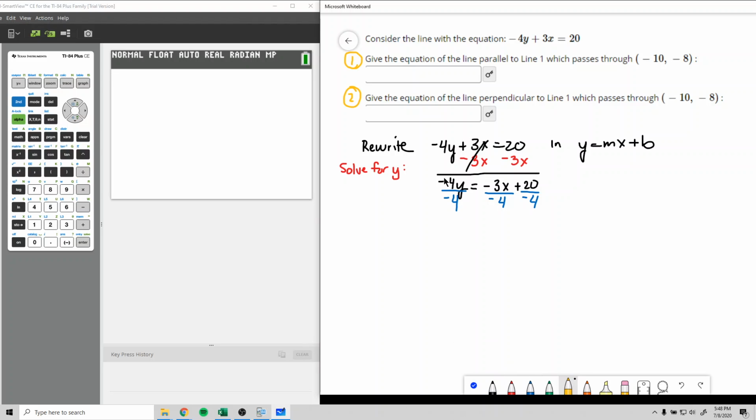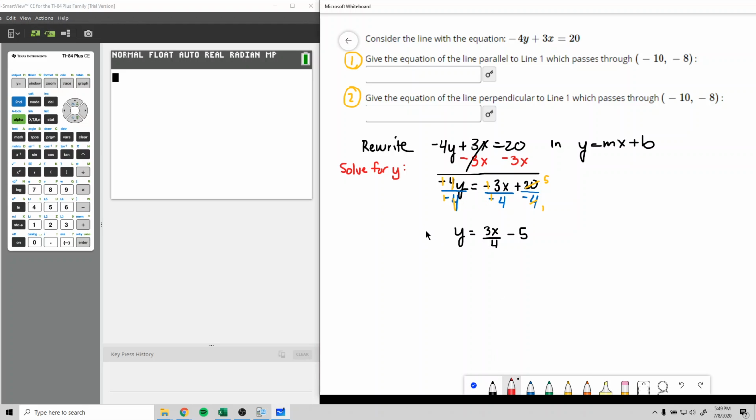The negatives go away on the x part, and the 20 and the 4 simplify to 1 and 5. So we've got y equals 3x over 4, plus 5 over 1, but it's negative, so it's -5.